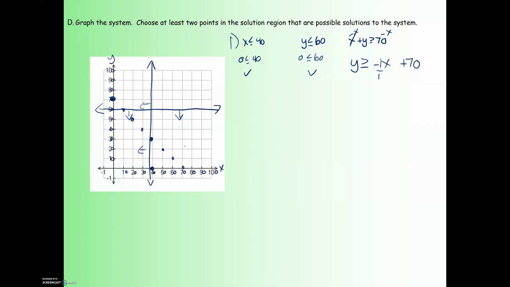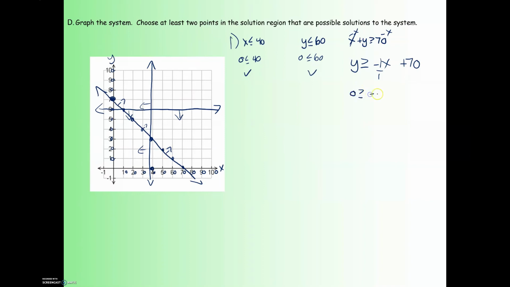And this is another solid line. It says X plus Y is going to be greater than 70, so I am going to expect to be above the line. But if you weren't sure, check a point.